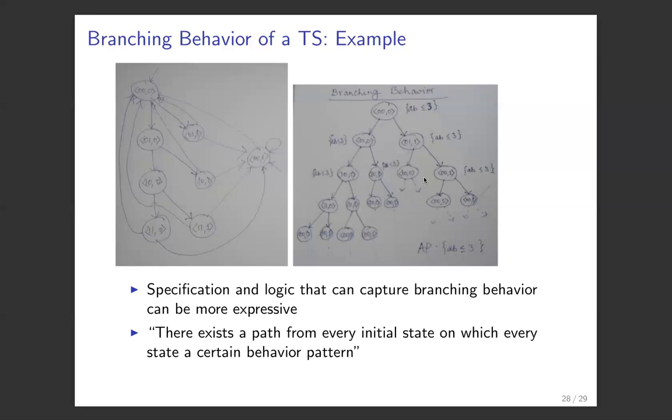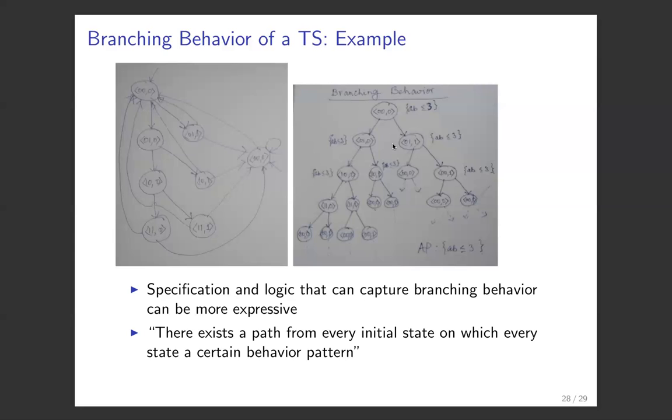Oh, but your question is, do we need branching behavior only if there is non-determinism? I guess if from every state there is a unique next state, then yes, linear behavior and branching behavior will be identical.